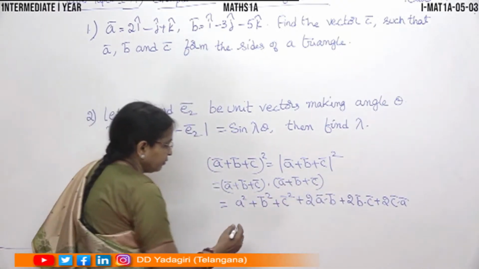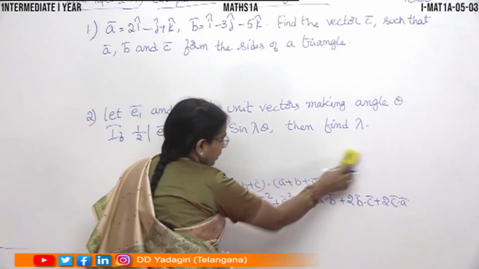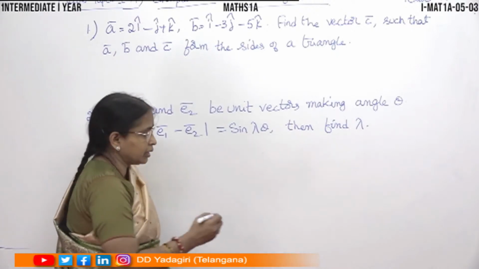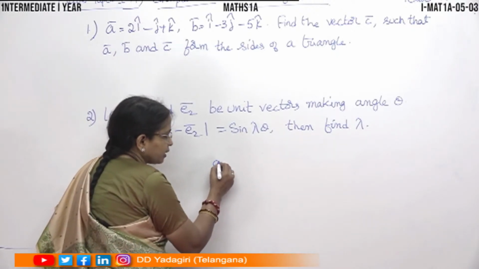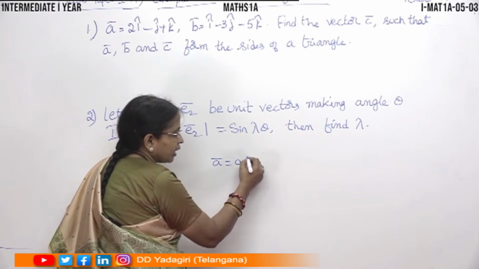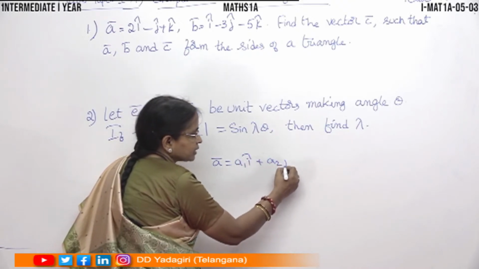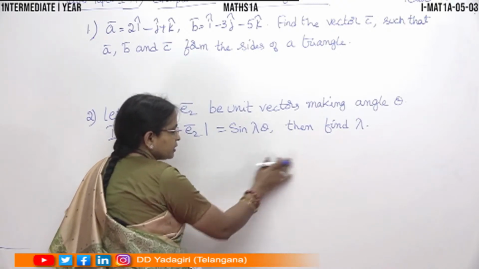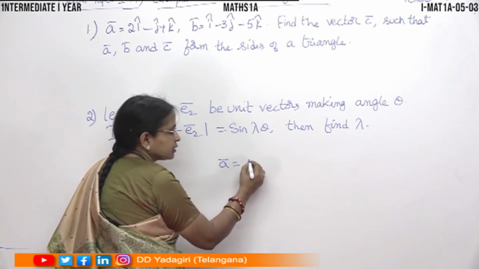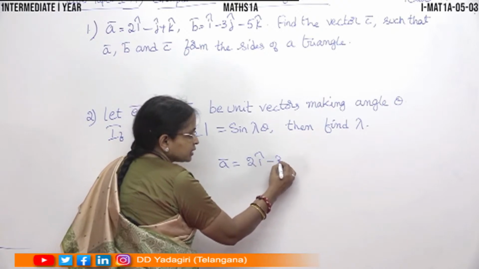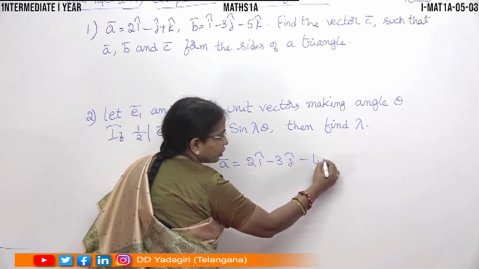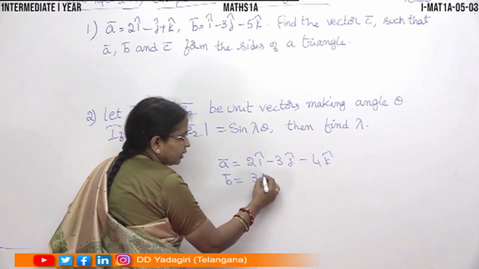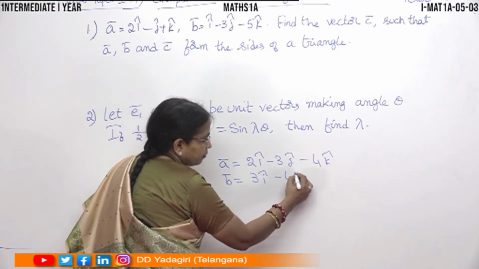Okay, then next, this property is again very important. Suppose A is A1 I plus A2 J plus A3 K. I'll take one example. Suppose that A vector is 2I minus 3J minus 4K, and B is equal to 3I minus 4J plus 5K.